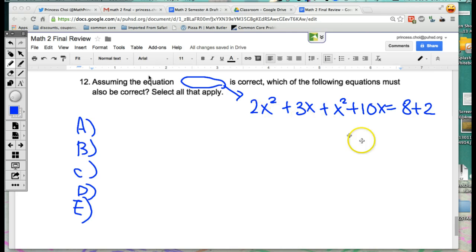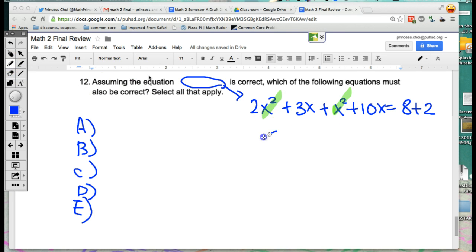The first thing that you have to do over here, what do you think is the first step? Yeah, what did you say? Yes, you have to combine like terms, and that's the first thing you have to do.